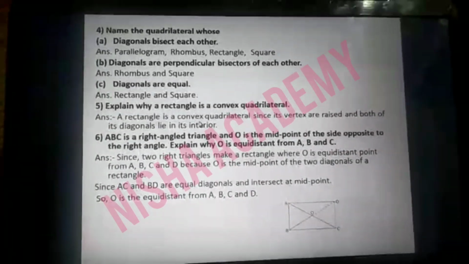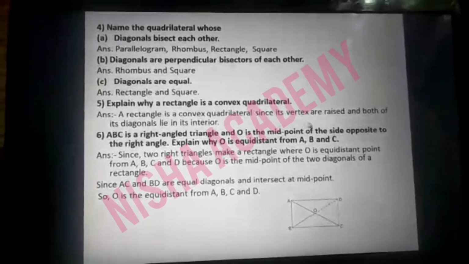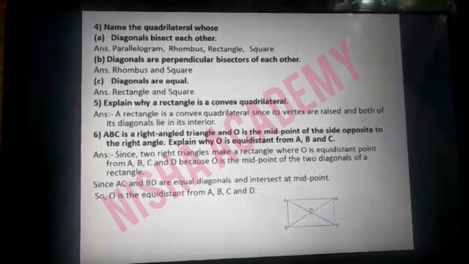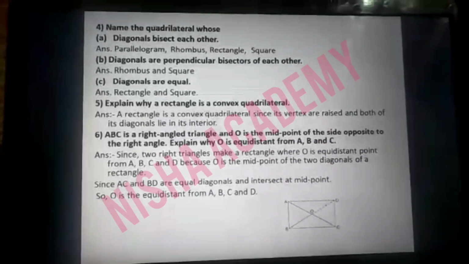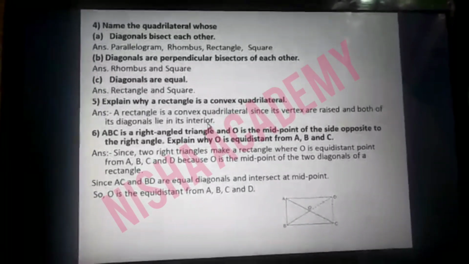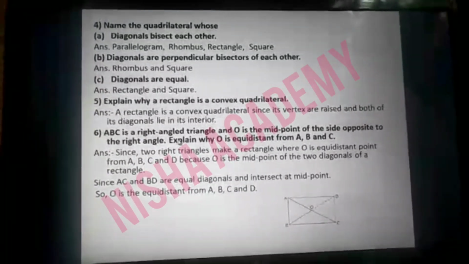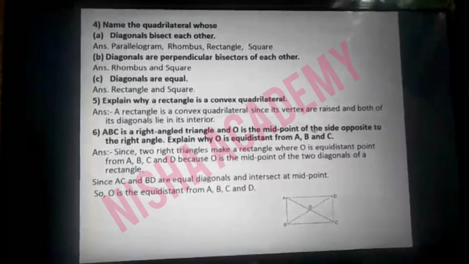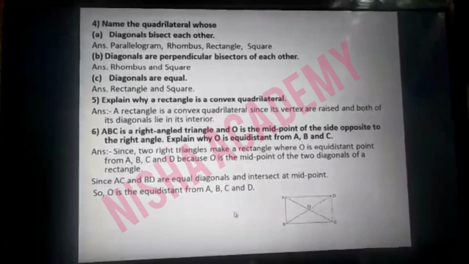So a rectangle is a convex quadrilateral since its vertices are raised and both of its diagonals lie in its interior.